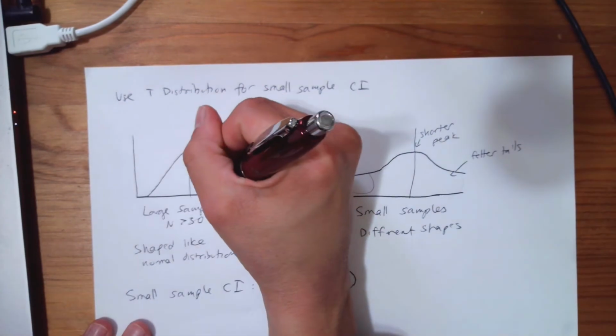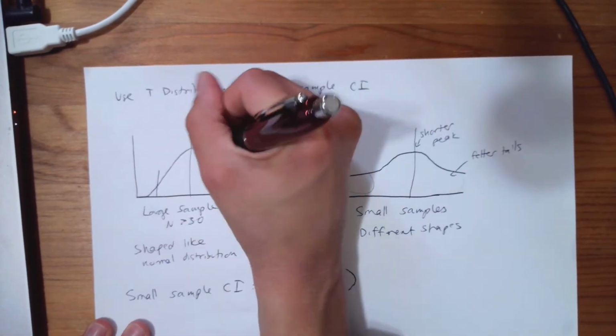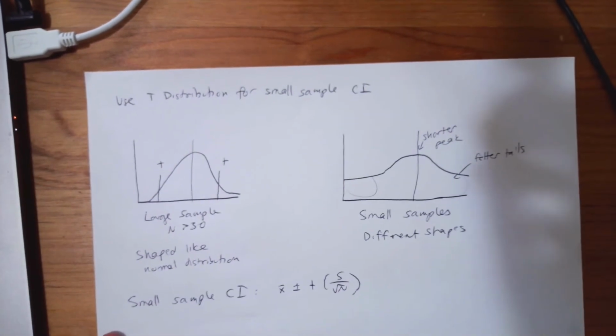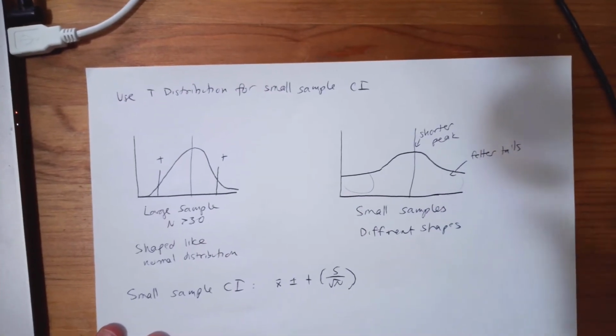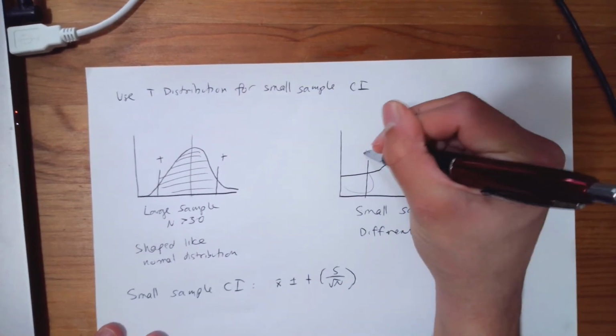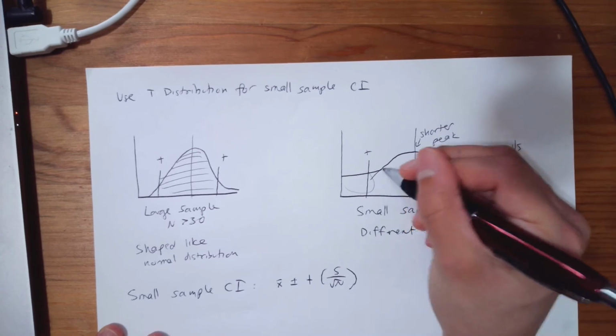So what this means is that, whereas before we were looking at the z-scores that were on either side of our point estimate, now we'd be looking at t-scores or t-statistics that are on either side of our point estimate.